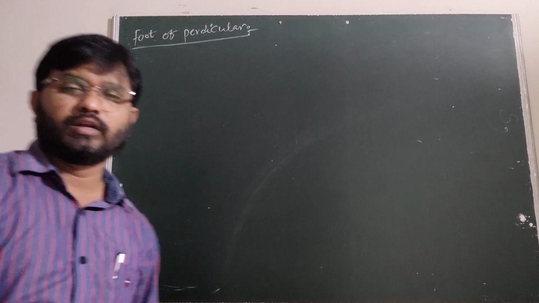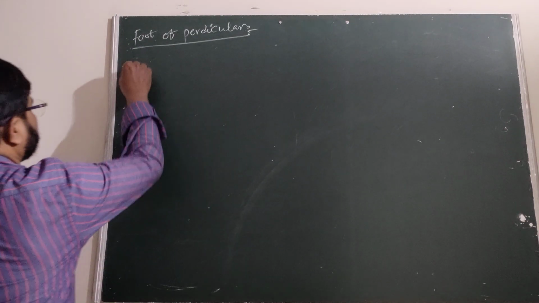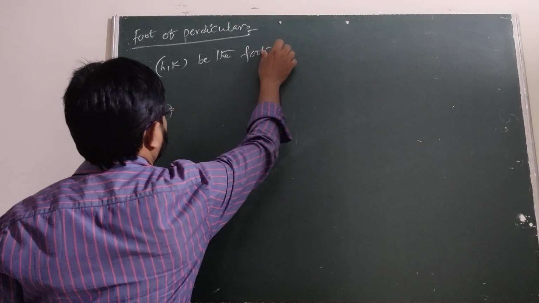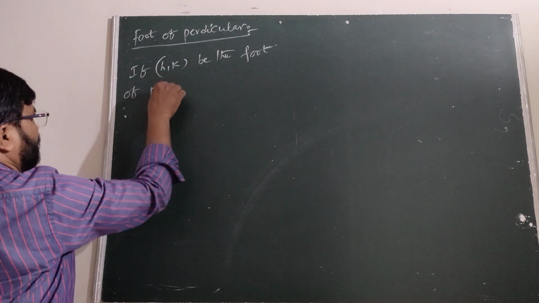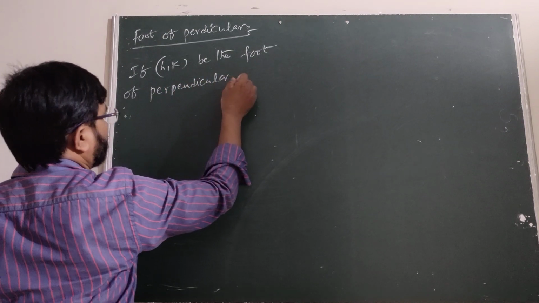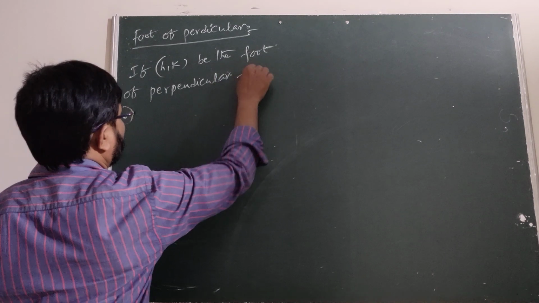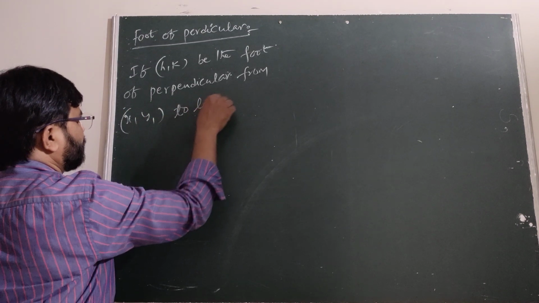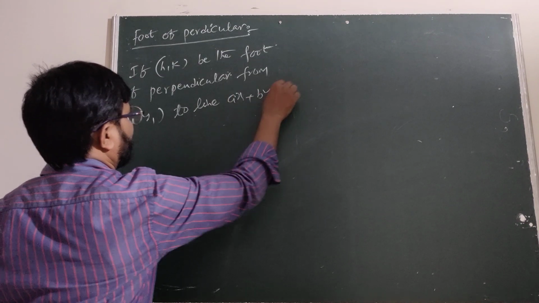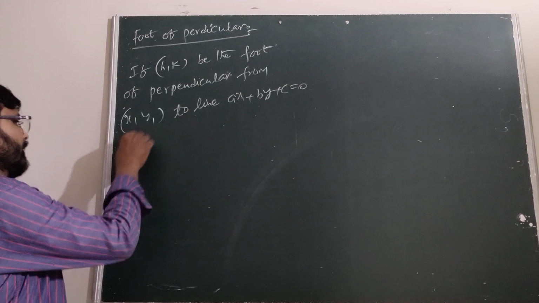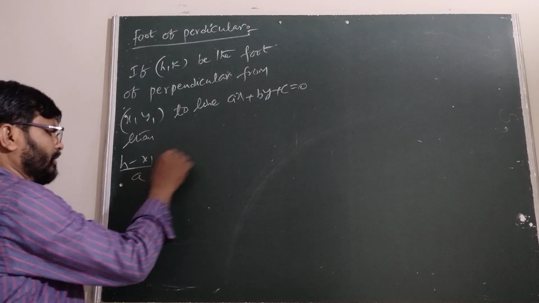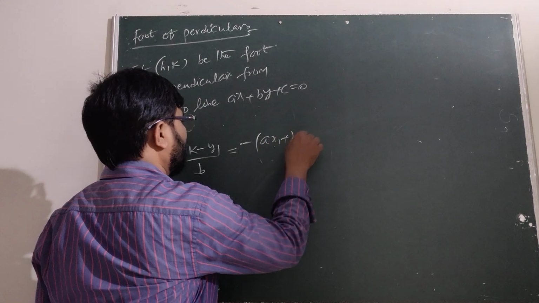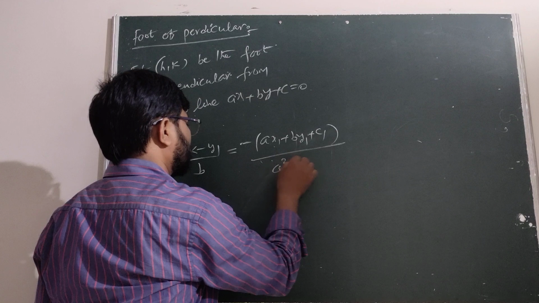Now the foot of the perpendicular, it is one of the very important theorems. So if h comma k be the foot of the perpendicular from the point x1 comma y1 to the line ax plus by plus c equal to 0, then (h minus x1) by a equals (k minus y1) by b equal to minus of (ax1 plus by1 plus c) by (a square plus b square).